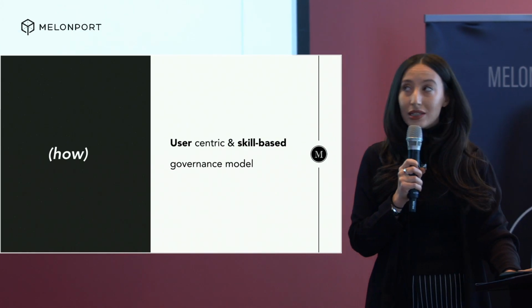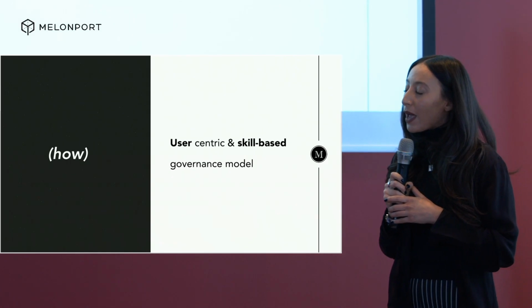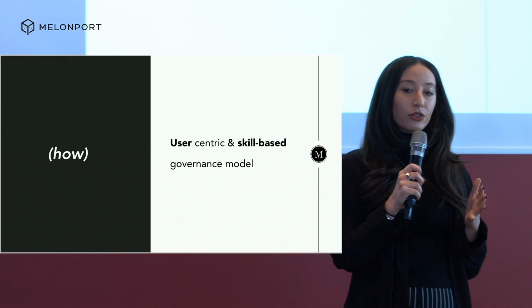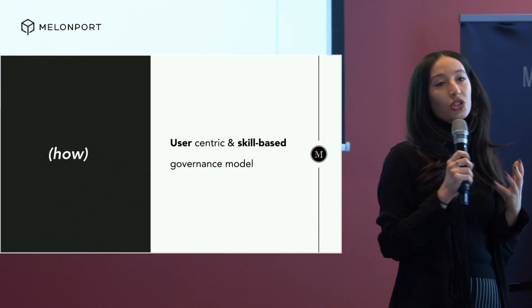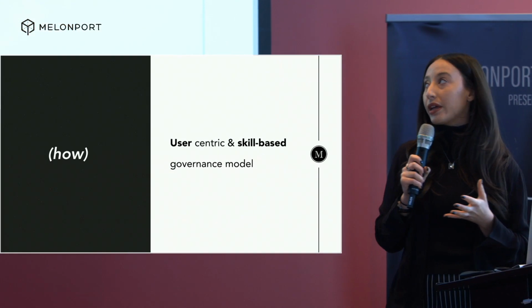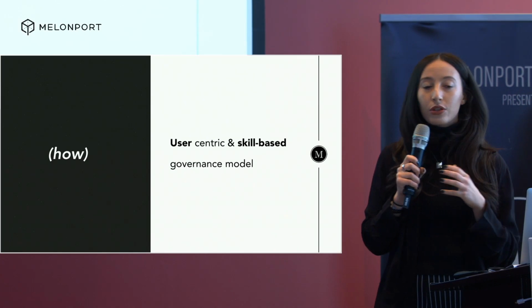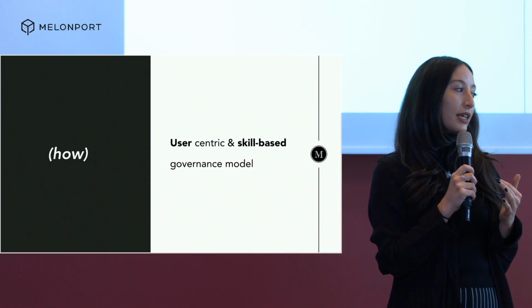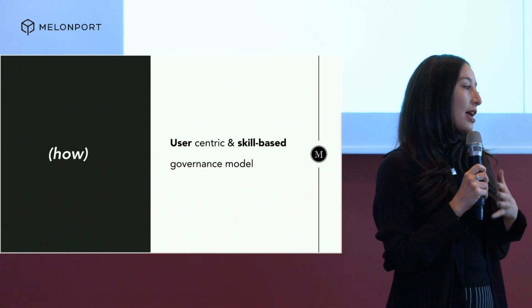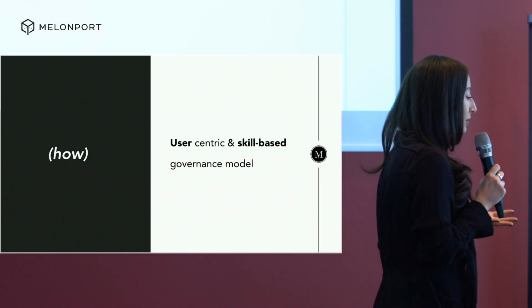So how do we do that? After you have identified all of your stakeholders, the next step is to ask the question: which stakeholder is the most vulnerable? Who is the person or the group of persons who are the least protected in this ecosystem? In our case, we found that it was the users.